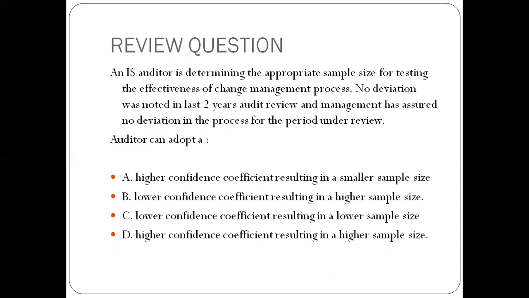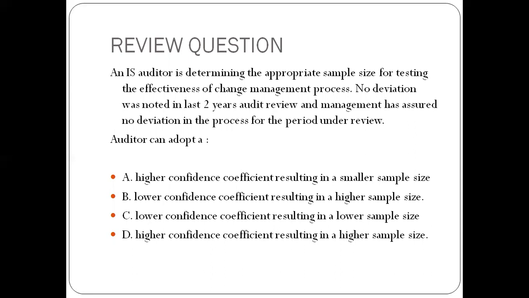All right, so if you look at the question details very well, you can see that it's a low risk environment, right? Compliance level is very high in that organization. In the past 2 years, everything has been okay, and even the current audit, the environment is still highly compliant. I remember we said we are auditing the compliance environment to lower your substantive testing.